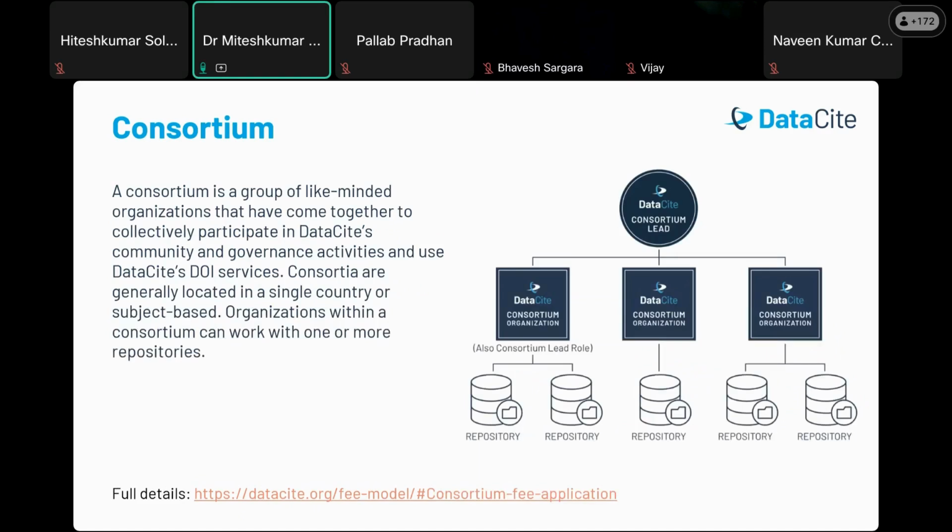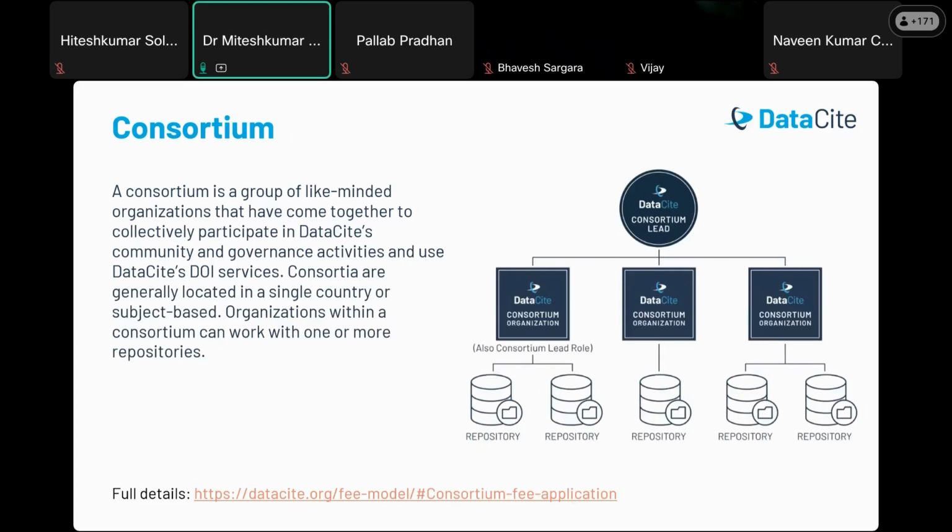Now the consortium. Consortium means a group of like-minded organizations that have come together to collectively participate in DataCite's community and governance activities to use the DataCite DOI services. So for example, the INFLIBNET Centre is there, and a number of universities are part of INFLIBNET. So INFLIBNET can lead the consortium, and under INFLIBNET, say, there are a number of universities or IITs.